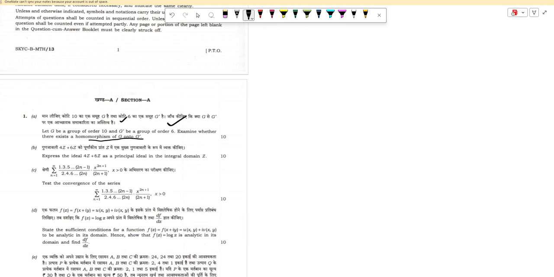So first let's go for the concepts. A little bit of concepts first is very important. The order of a group is the smallest positive integer n such that G to the power n equals E, the identity.